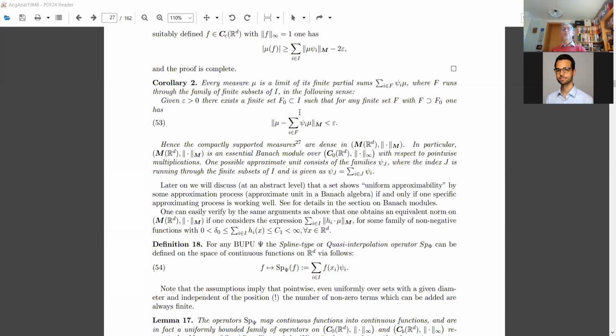So what does it mean? It means I have found a measure mu, and it has the property that we are getting close to these partial sums. So maybe I should write mu times psi i here actually. The difference will be small whenever the set is close enough to the full set.